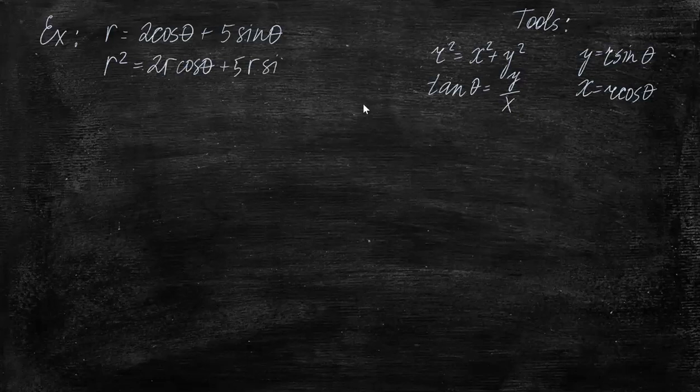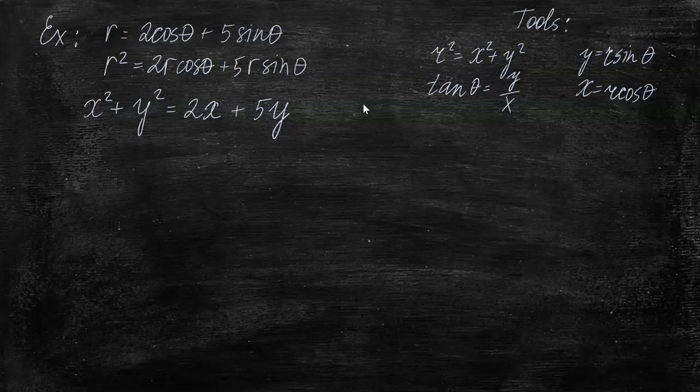And what do we see? On the left side we have x squared plus y squared. On the right side we have 2x plus 5y. So it looks like some circle, but shifted somewhere.